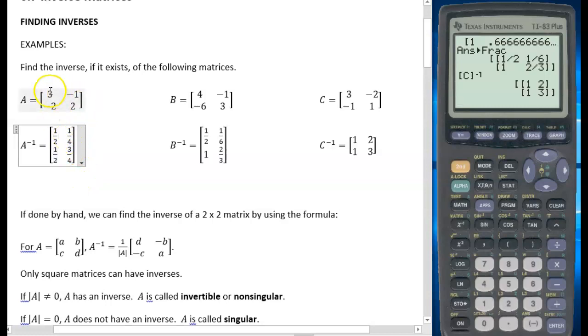So it flip-flopped these two. Right, so the 3 went down here, and the 2 went up here, but then we divided everything by 4, well 2 over 4 is 1/2, right? So it's already simplified for you.